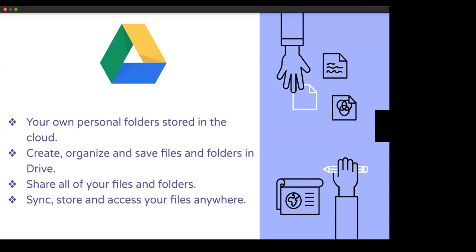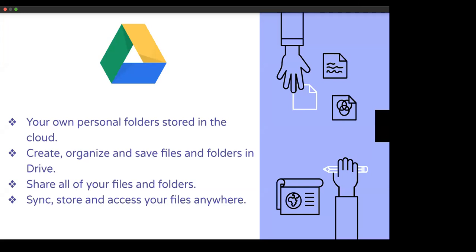Let's use Microsoft Word as an example. Before we had these cloud-based solutions, if I created a Microsoft Word document and wanted to share it with a colleague for them to look at and add some information to, I would have to attach it to an email and send it to them.